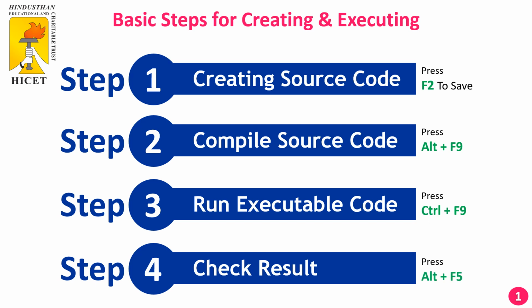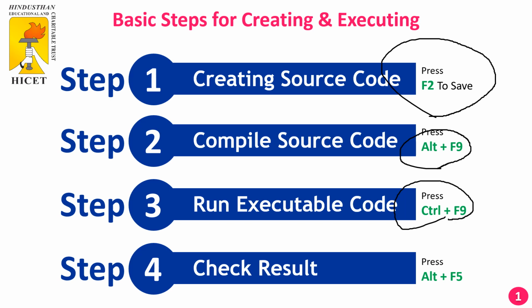And to see the result, we have to press Alt plus F5. So these are the shortcut keys for these steps, and we will see them one by one here.